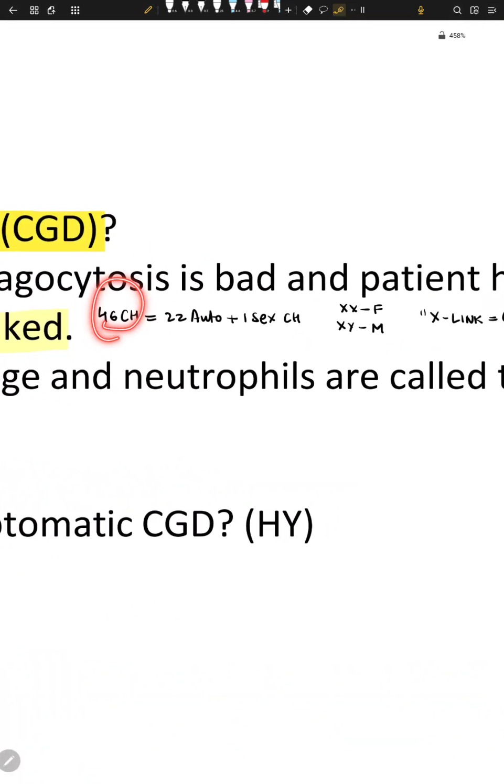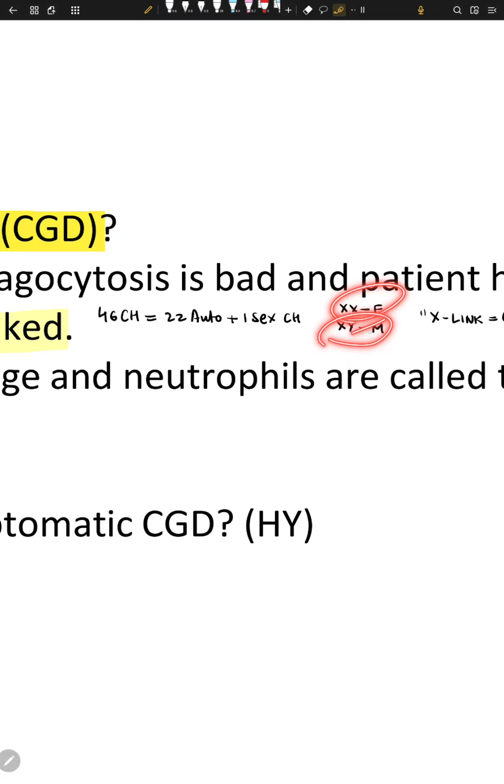You have 46 chromosomes: 22 pairs are autosomes and one pair is the sex chromosomes. Women have XX, males have XY. You get one from the female and one from the male.